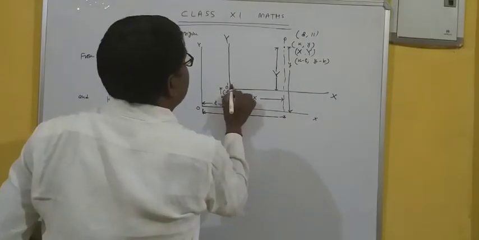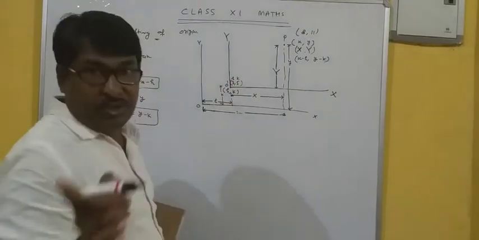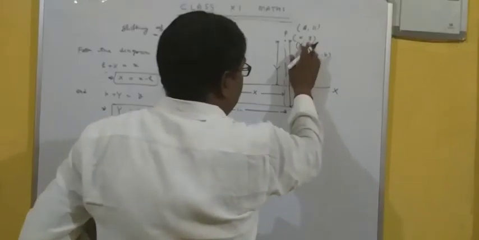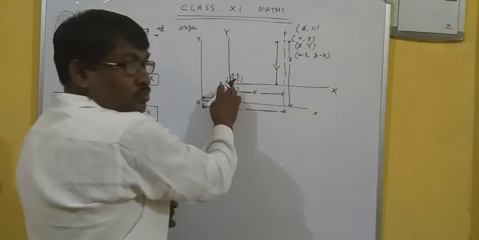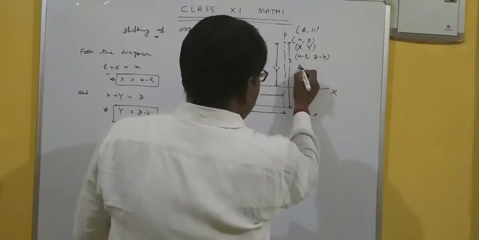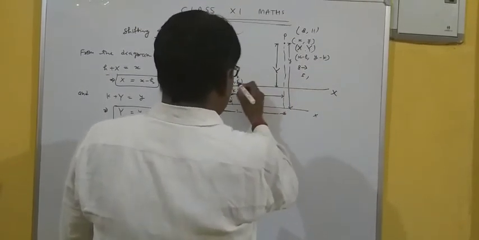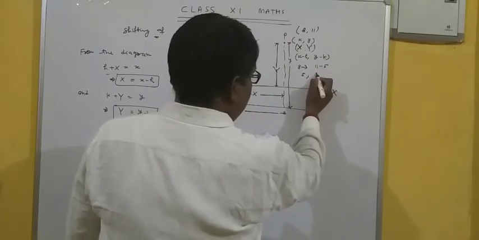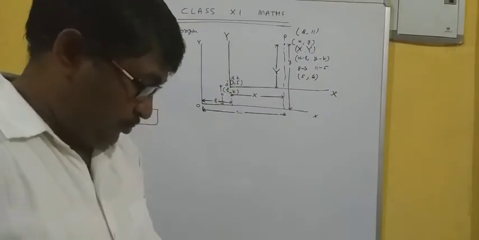This is the value of h, k. So the new coordinates of the point according to the new origin will be 8 minus 3, that is 5, and 11 minus 5, that is 6. So its coordinates will be 5, 6.